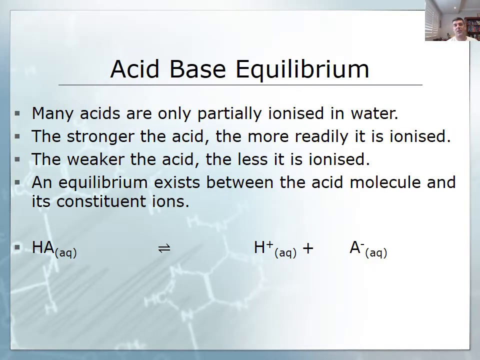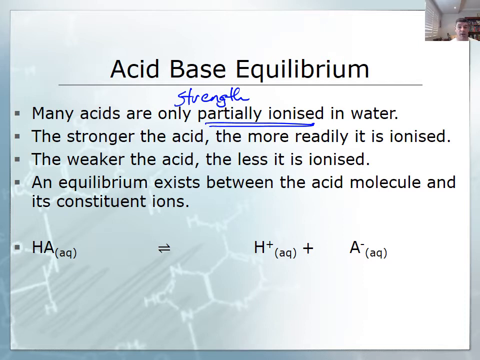This you do. We know now that the quality of strength of acids is based on their degree of ionization. We now know that many acids only partially ionize in water, while some will go to completion. The stronger the acid, the more readily it is ionized.